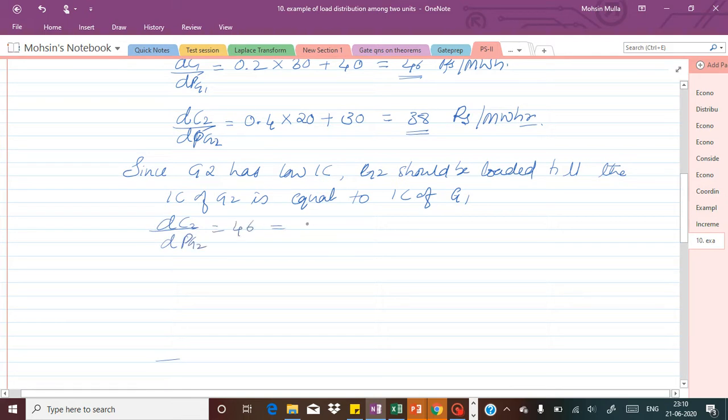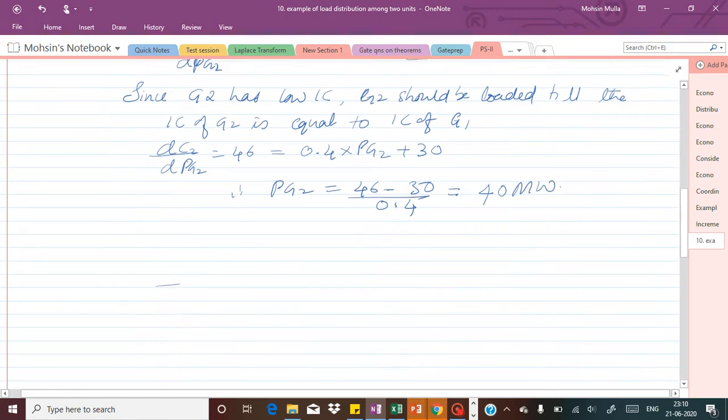Taking that, let us try to find the value of that generation. So 0.4 into Pg2 plus 30. Rearranging the terms, we can write Pg2 as 46 minus 30 divided by 0.4, and this value comes to about 40 megawatt.